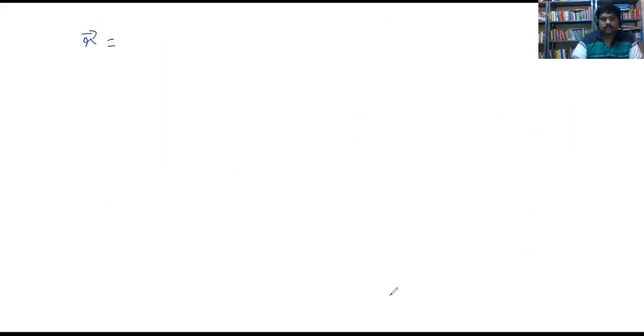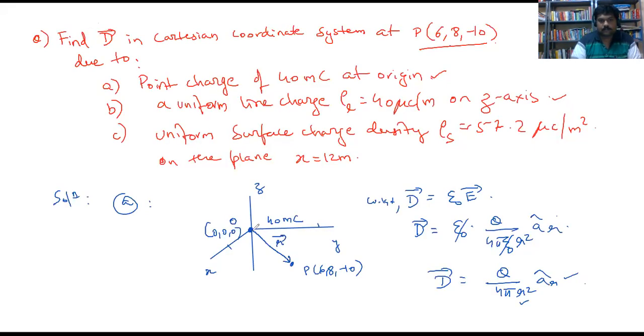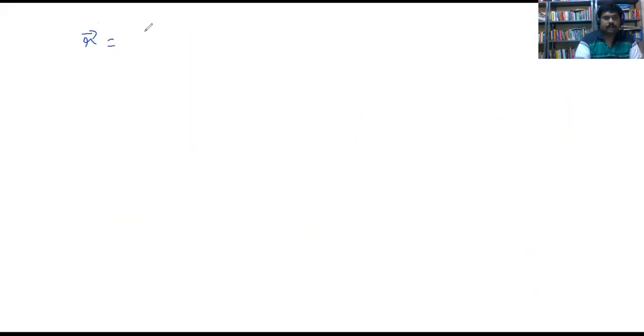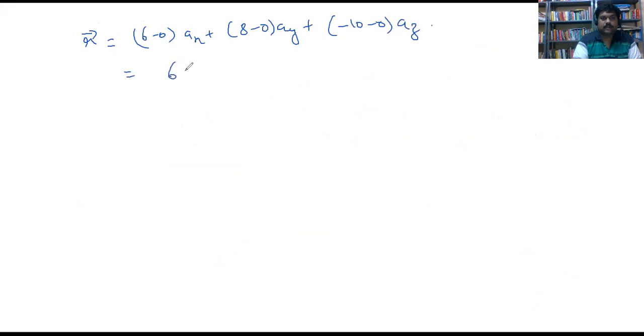The vector R connects the origin and this point, so R is 6 minus 0 AX plus 8 minus 0 AY plus minus 10 minus 0 AZ. So this equals 6AX plus 8AY minus 10AZ.